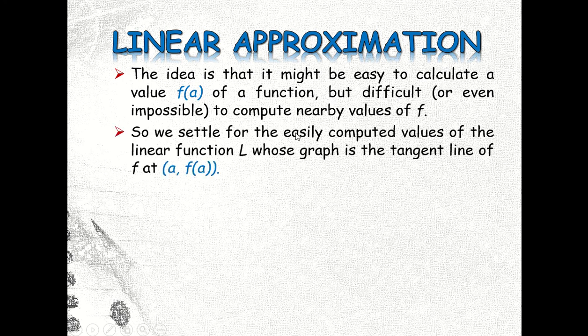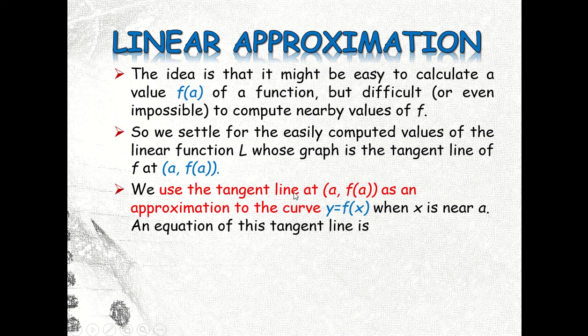So we settle for the easily computed values of the linear function L, whose graph is the tangent line of f at the point of tangency with coordinates a, f of a. We use the tangent line at this point of tangency as an approximation to the curve y equal to f of x when x is near a.